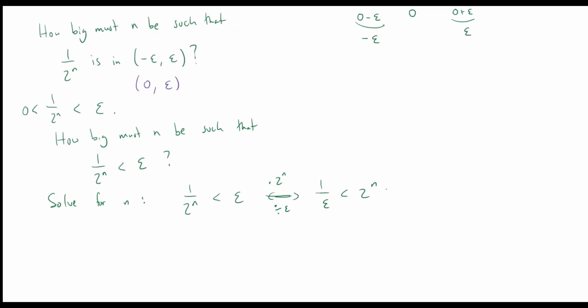Okay, I have an n, that's what I want, but I have a 2 to that power. How do I get rid of that 2? Log base 2. Yeah, let's take the log base 2 of both sides.